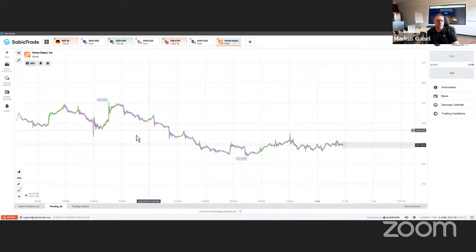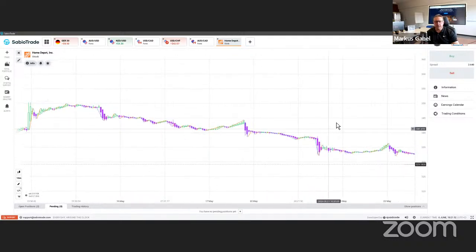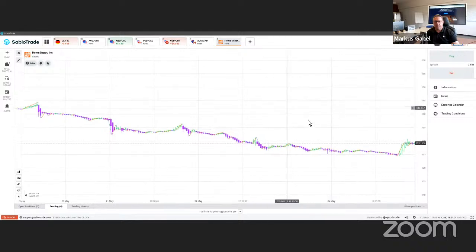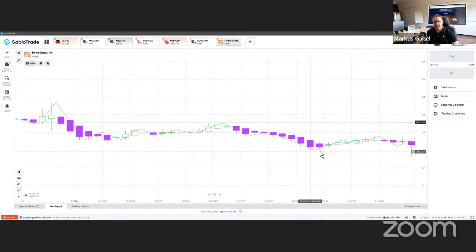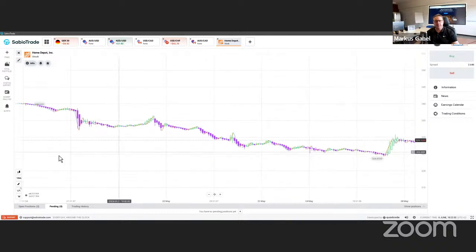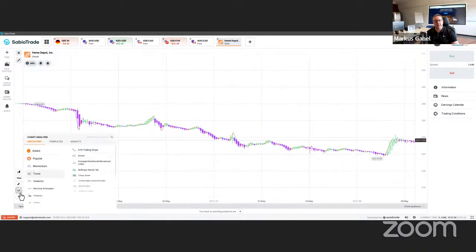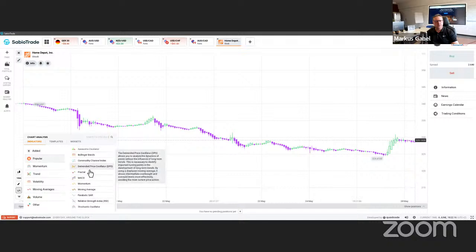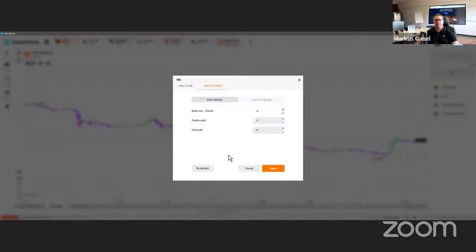Yeah. So, and then you see there is a kind of zigzag. Yeah, you can see it here, up and down, up and down. But this is not how to draw the trend basically. So click on indicators again, on Added, and delete it. Let's find another one. Let's find popular. There is one, RSI, Relative Strength Index. Yeah. So let's take this again.